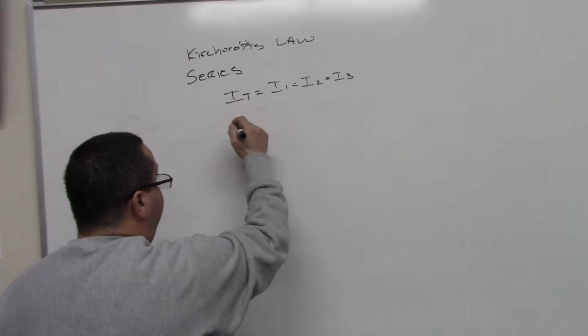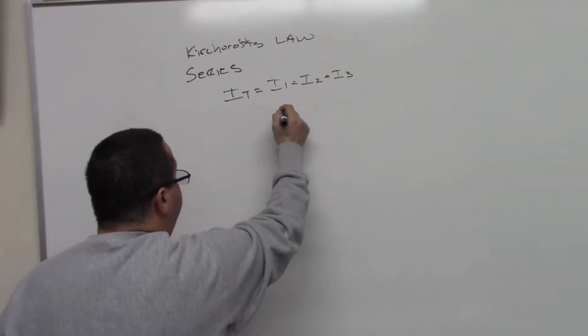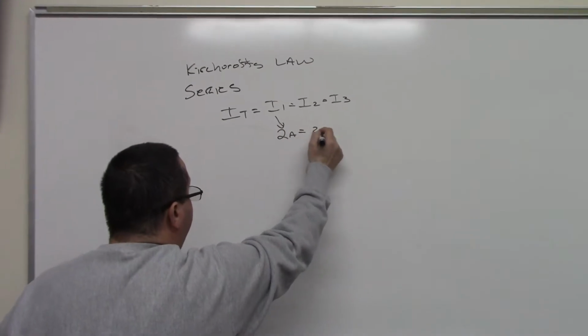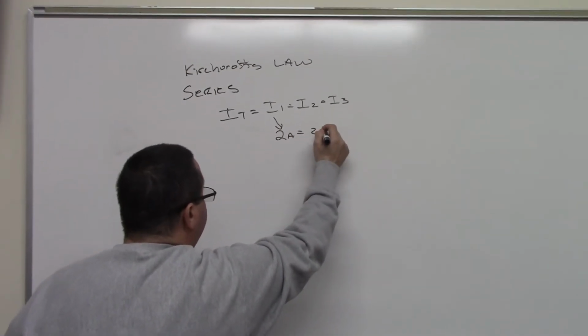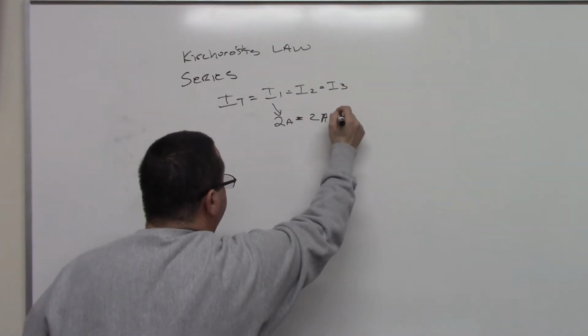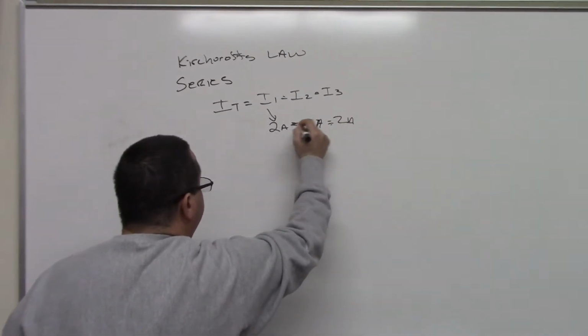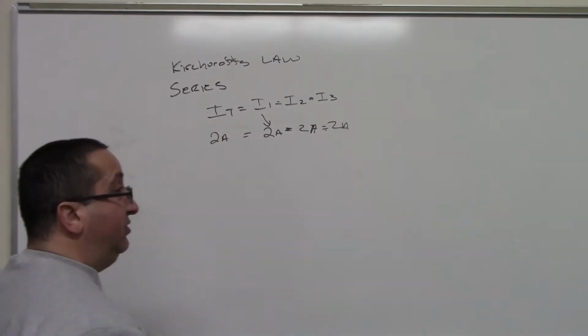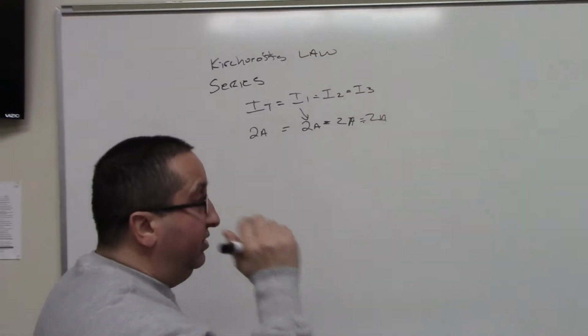An example would be, if I1 is 2 amps right here, then this has to be 2 amps, this has to be 2 amps, and IT has to be 2 amps. So that has to be equal in a series circuit.